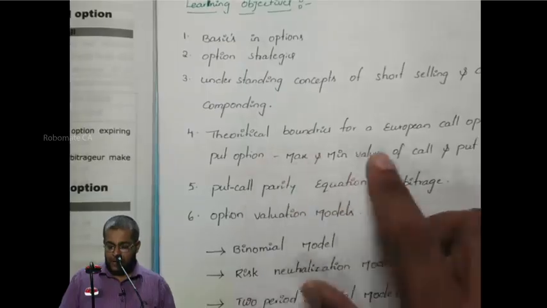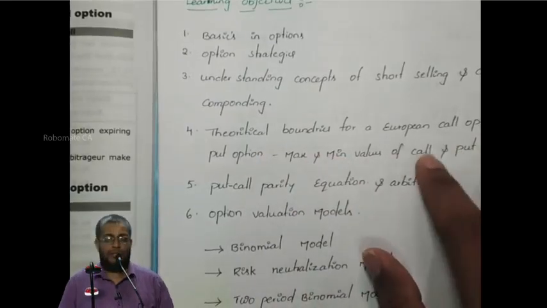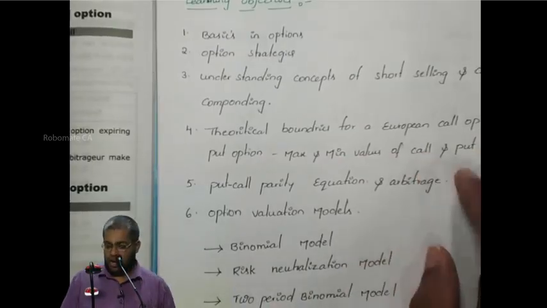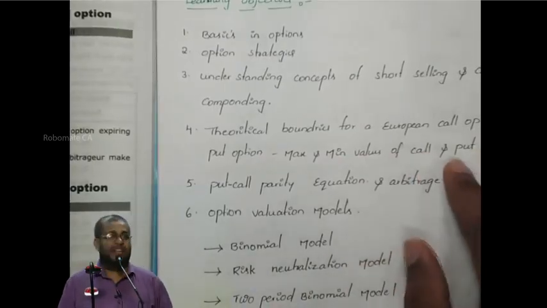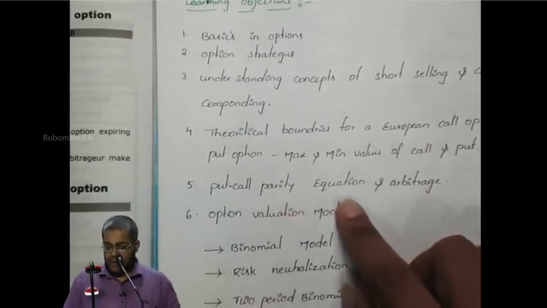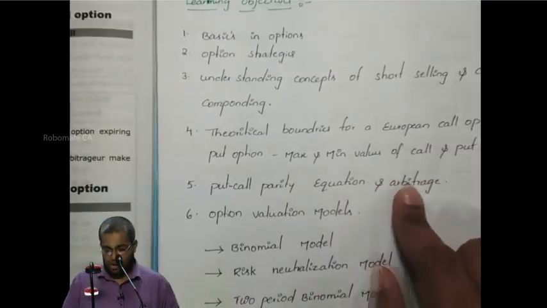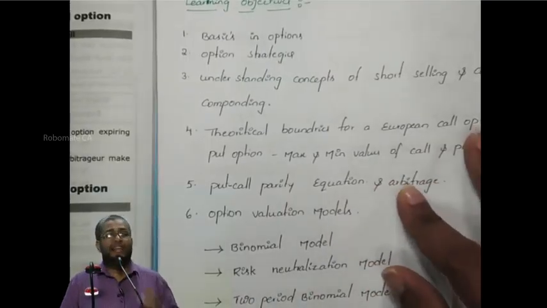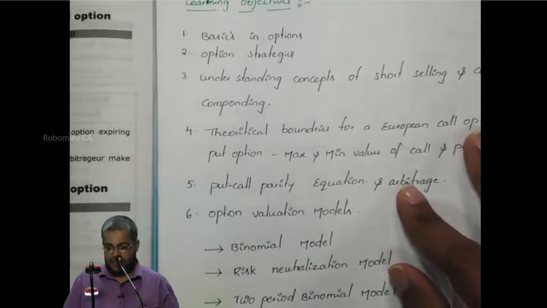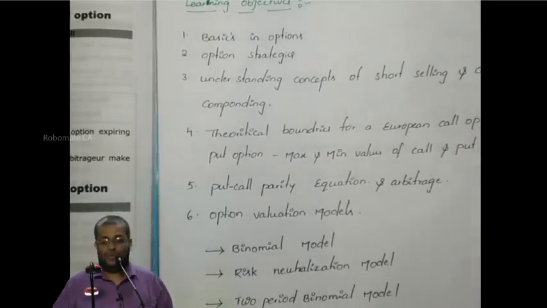Point 4, theoretical boundaries for European call option and put option, that is maximum value and minimum value along with the arbitrages, was discussed in the last class. Today's class, the put call parity equation and its arbitrages, has now been completed. Yes or no? Out of 8 segments in this chapter, how much has been completed? 5 have been completed. Now we go for the 6th one.